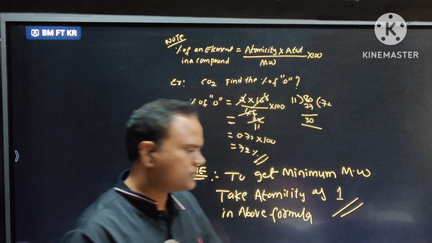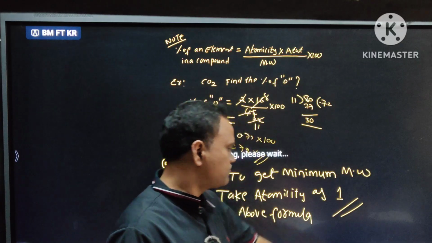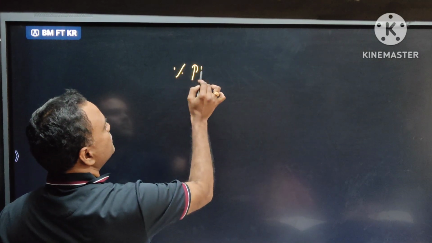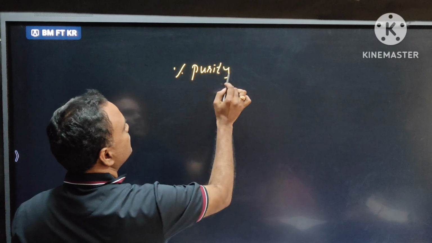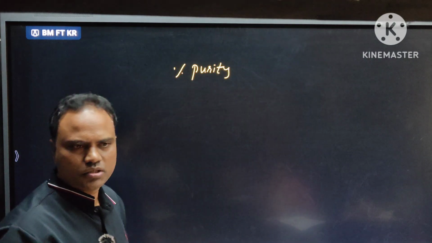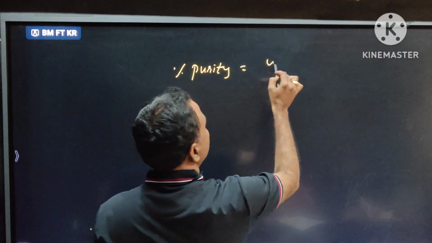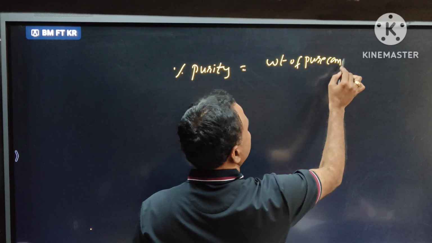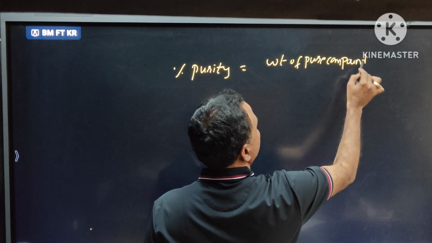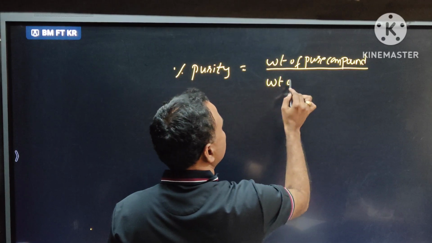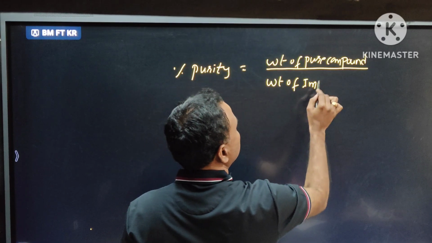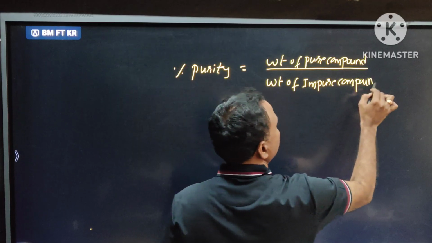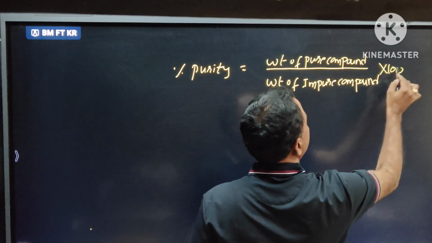Two more formulas. Percent purity. Next week we'll discuss this, but learn the formula by heart and come. Percent purity is equal to weight of pure compound divided by weight of impure compound into 100.